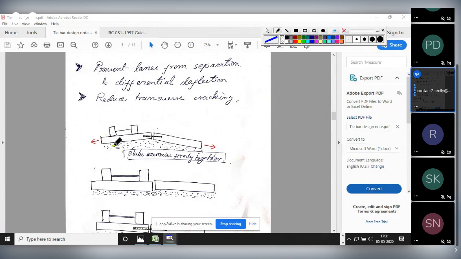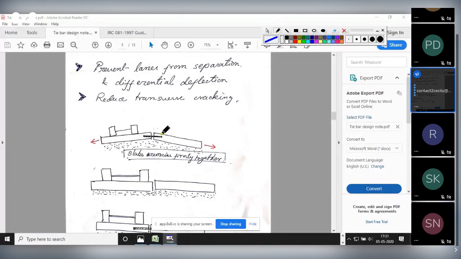Now because of the continuous repetitive movement of the vehicles, what happens? This slab has a tendency to get separated in this direction and in this direction. Because of this, some tensile force is generated in this steel, right?